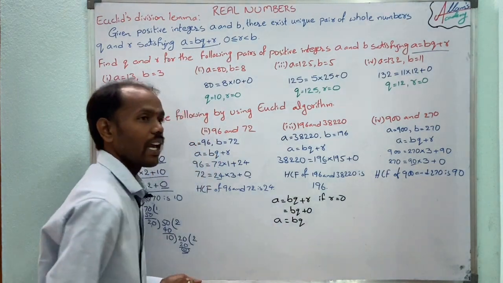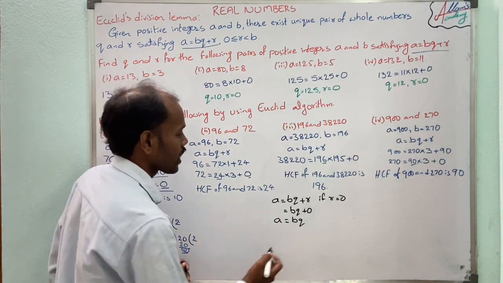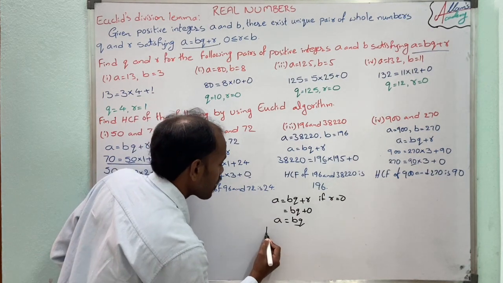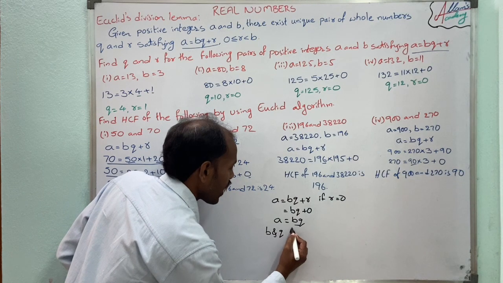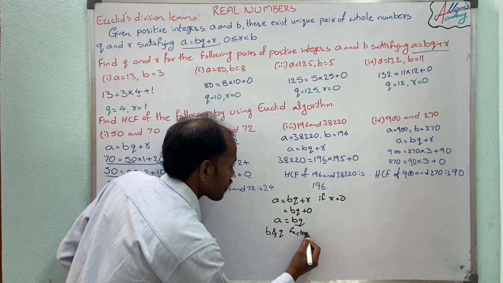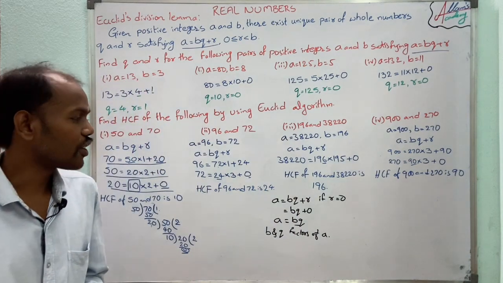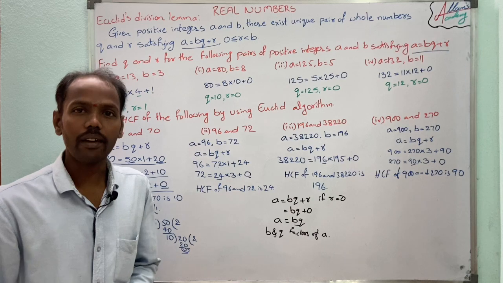So a number is written as the product of two numbers. The two numbers B and Q are called factors of the given number A.